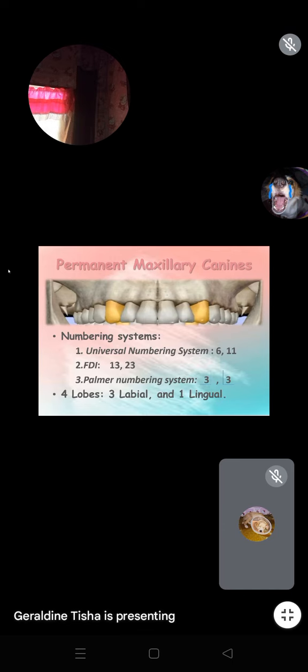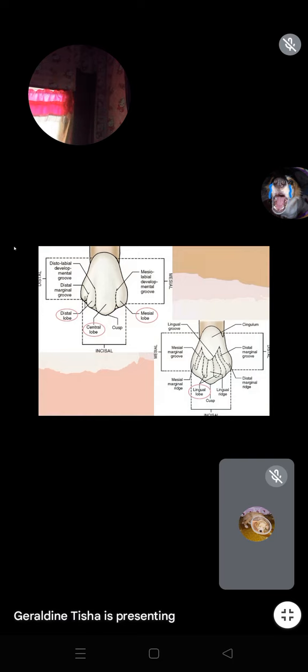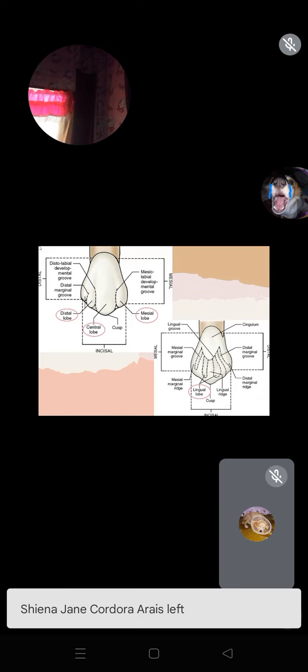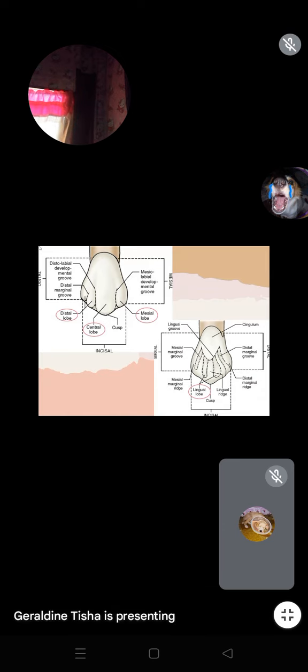In the FDI or ISO system, it is 13 and 23. The Palmer numbering system is quadrant 1, number 3, and quadrant 2, number 3. The canine has 4 lobes, 3 for the labial and 1 for the lingual. The labial lobes are the distal lobe, central lobe, and mesial lobe. The lingual lobe is represented by the cingulum.